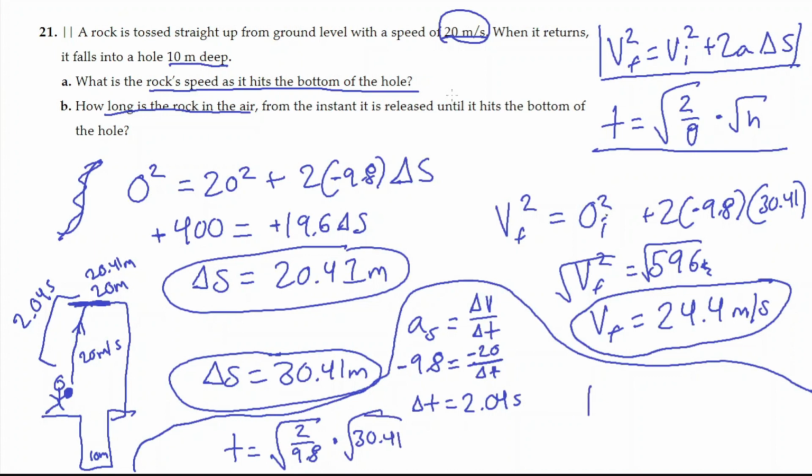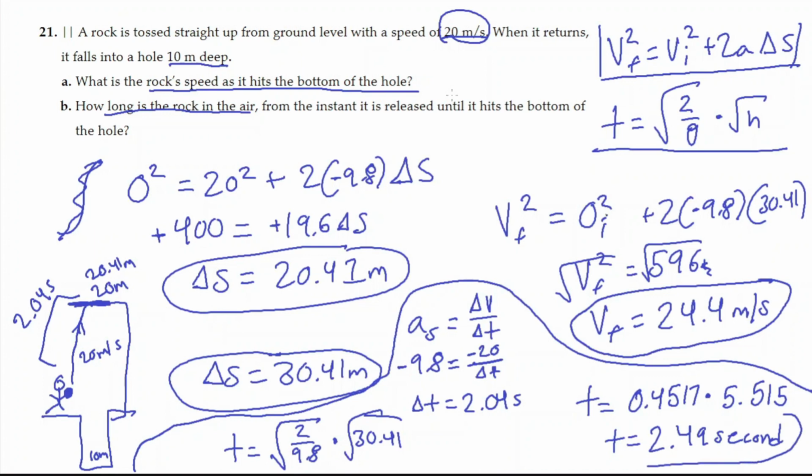If we do the calculations, we get t equals 0.4517 times the square root of 30.41, which is 5.515. And if we multiply that, our final t value is 2.49 seconds.